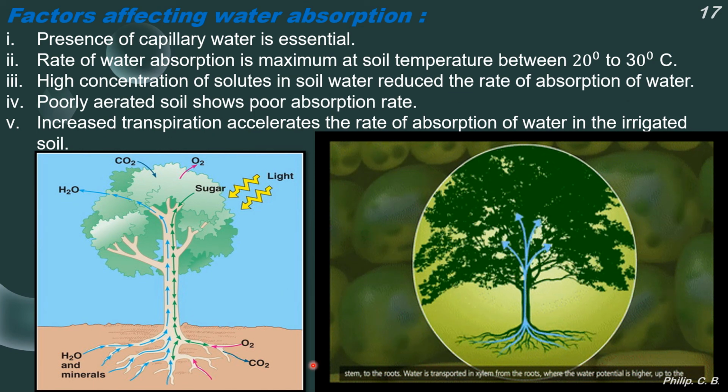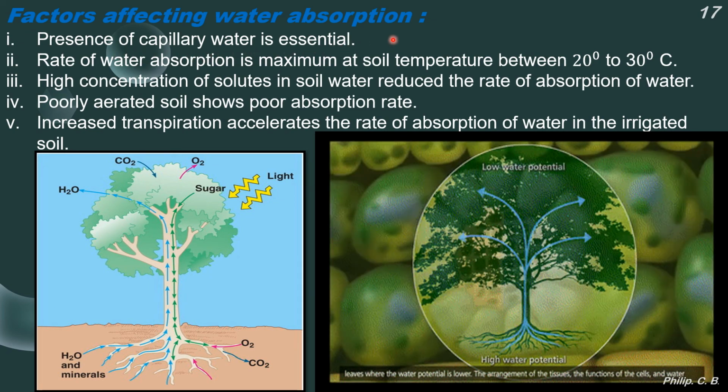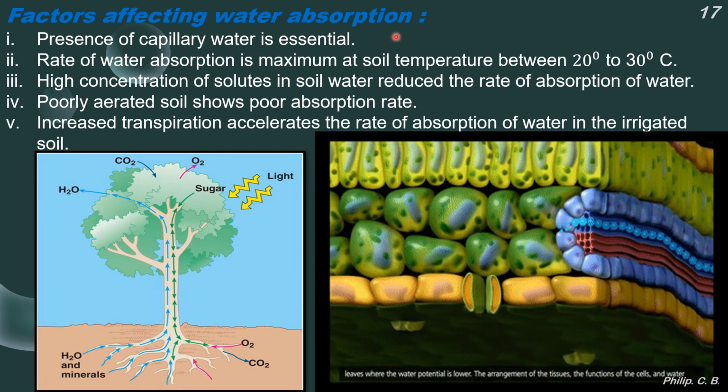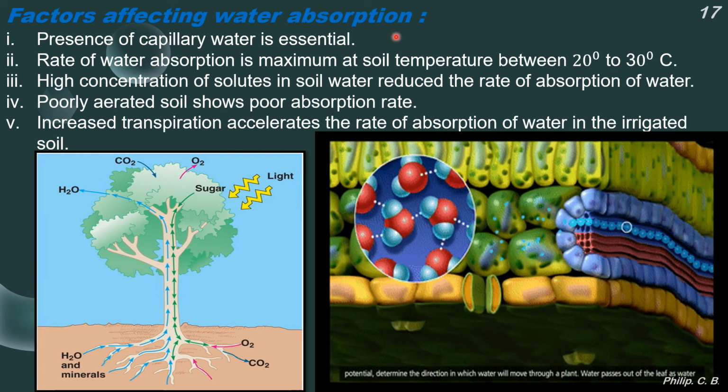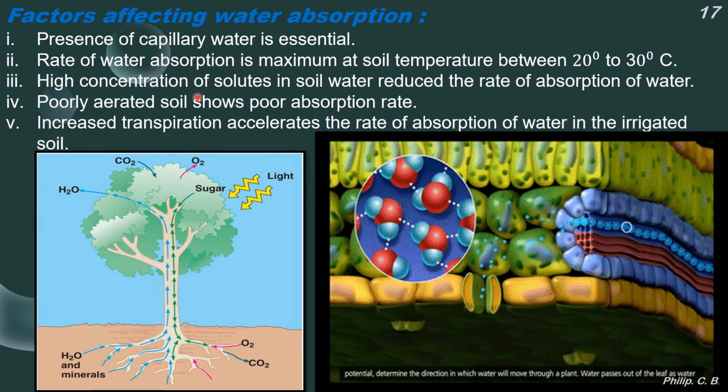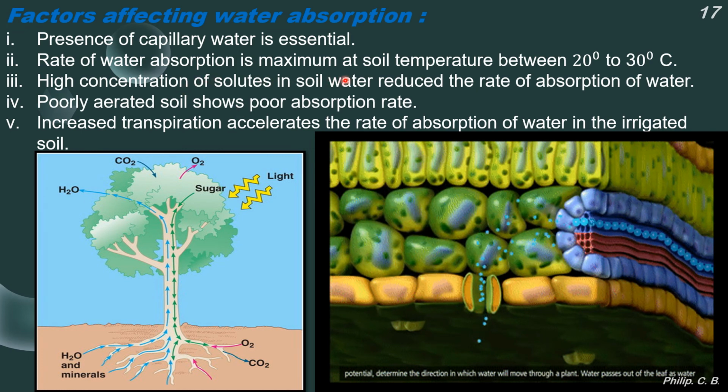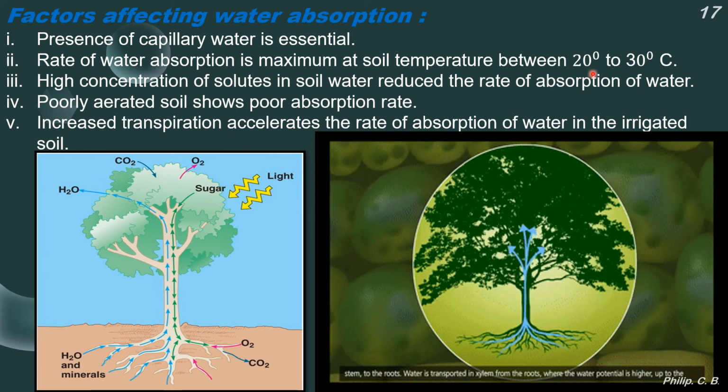Now, factors affecting absorption. There are 5 factors. Firstly, presence of capillary water is essential, as we learned at the beginning of this part. Second, the rate of water absorption is maximum at soil temperature between 20 and 30 degrees centigrade.